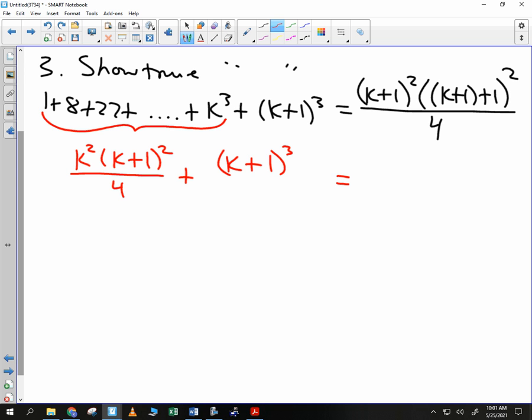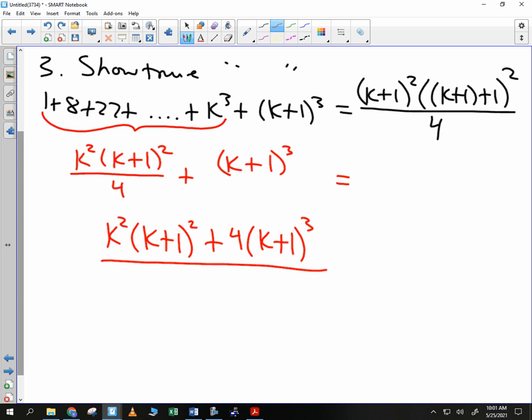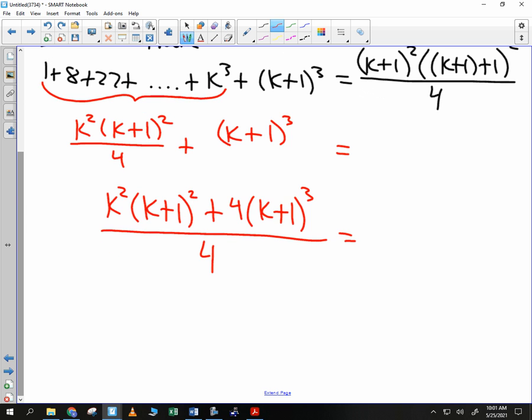Are you okay with that? You then decided to find common denominators, right? And when you did that, you got k squared times k plus 1 squared plus 4 times k plus 1 cubed all over 4. Everybody should have that written down.